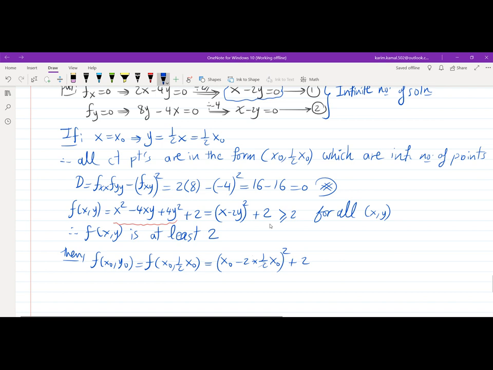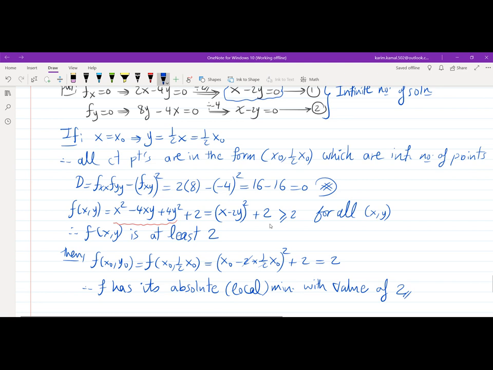Therefore, like we said before, f has its absolute or local minimum with value of 2 for all critical points in this problem.